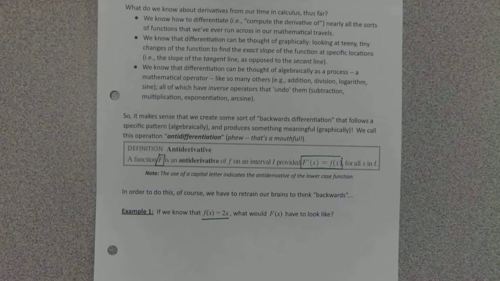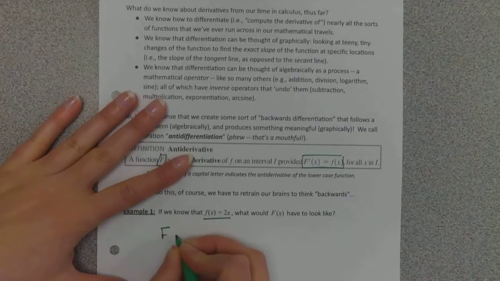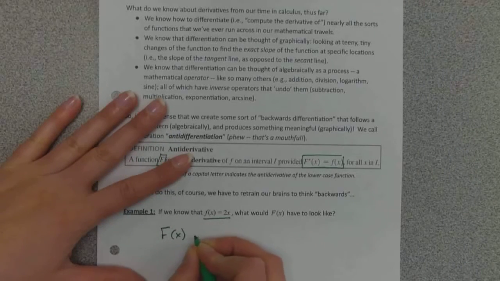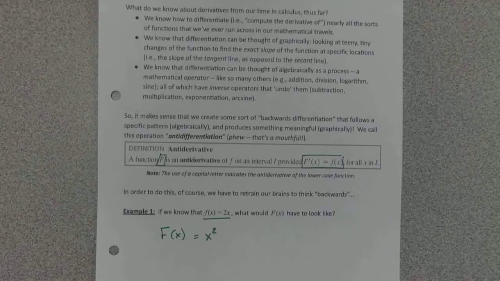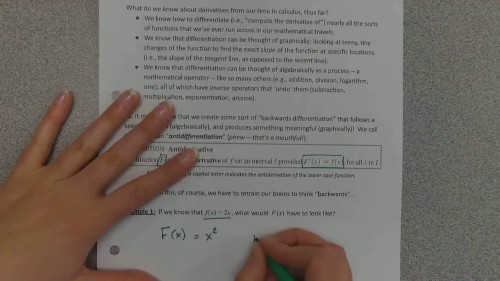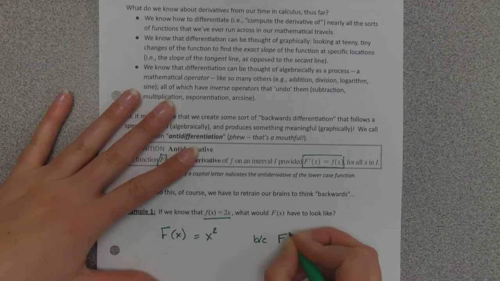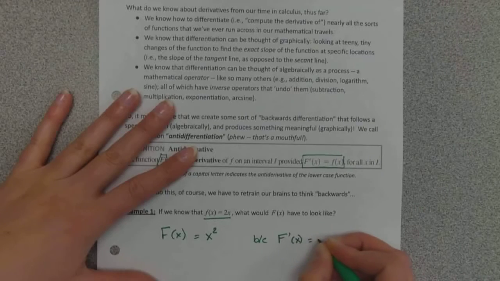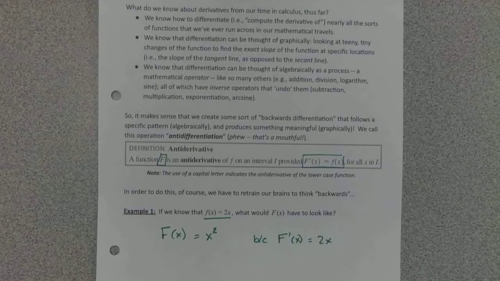So you really need to know your derivatives in order to get your antiderivatives. Which function has 2x as its derivative? X squared, right? So capital F of x could be x squared, because capital F prime of x, the derivative of that, is 2x, right? So the antiderivative could be x squared.